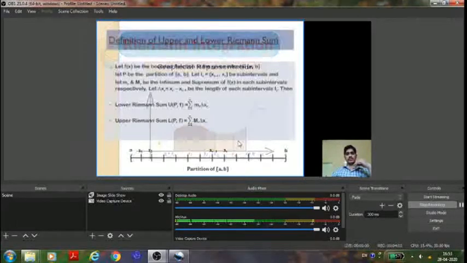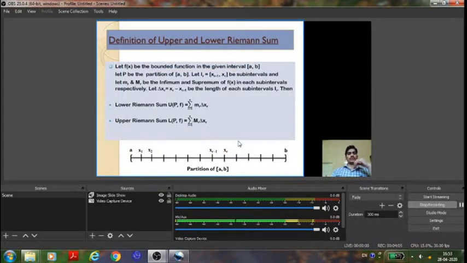So let's move towards the definition of upper and lower Riemann sum. I will not go directly to what Riemann integration is, but we need some basic terms, so we will start with the upper and lower Riemann sum.